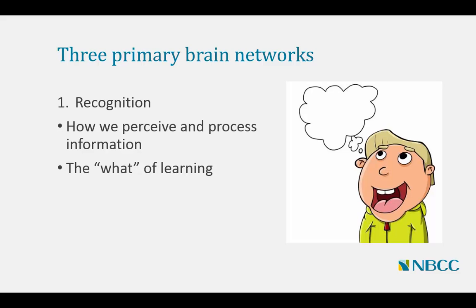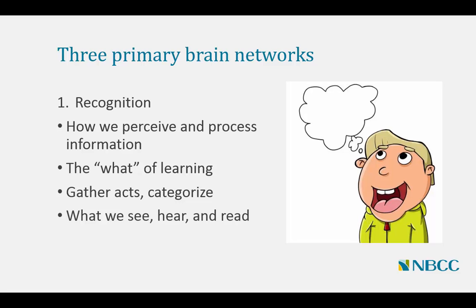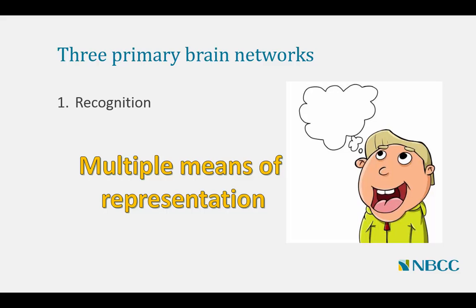Recognition is how we gather facts and categorize what we see, hear, and read. Under UDL, educators provide increased flexibility for the recognition network, such as different sizes of text for people with visual difficulties, auditory alternatives for visual information, and text alternatives for auditory information.